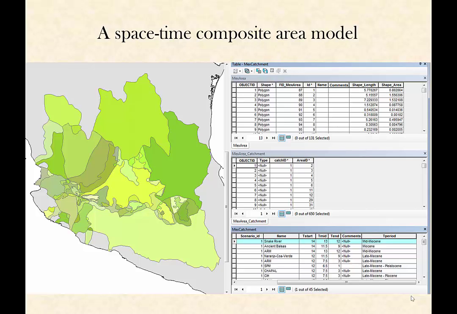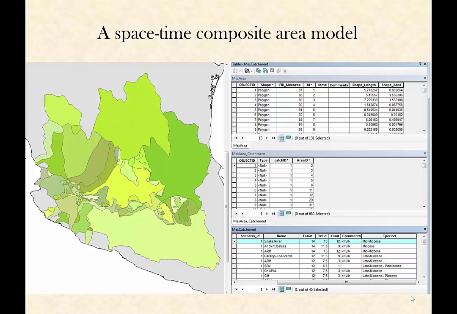Basically, I've split the modern basins up and started chopping them into smaller areas based on where the historic basins were, using information about where historical watersheds were, and I'll talk about the data. I also included the lake systems in here.